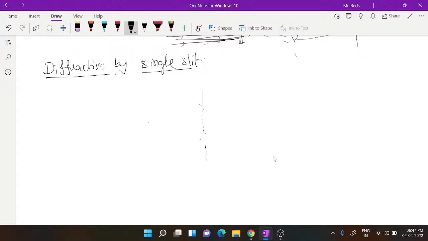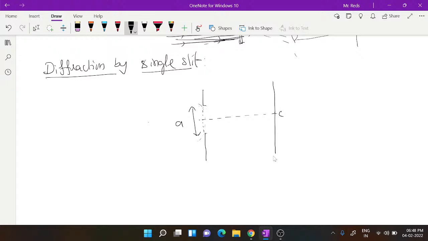Okay, so if you consider a screen here, and you also draw a line from the midpoint, and the width or size of this aperture or slit is a, then if light is coming from these edges to the central point, they may meet here with zero path difference and give a bright fringe.